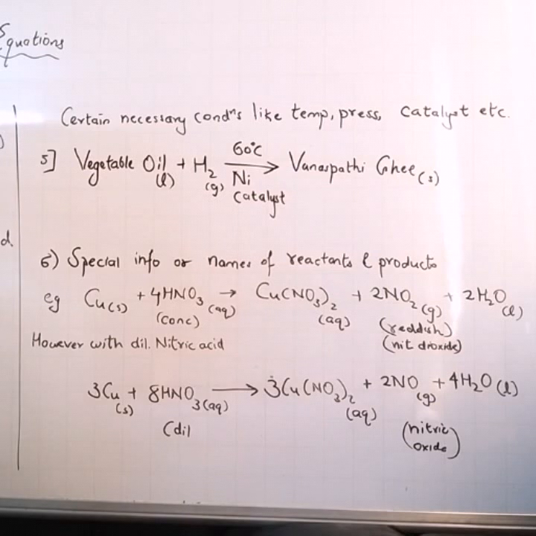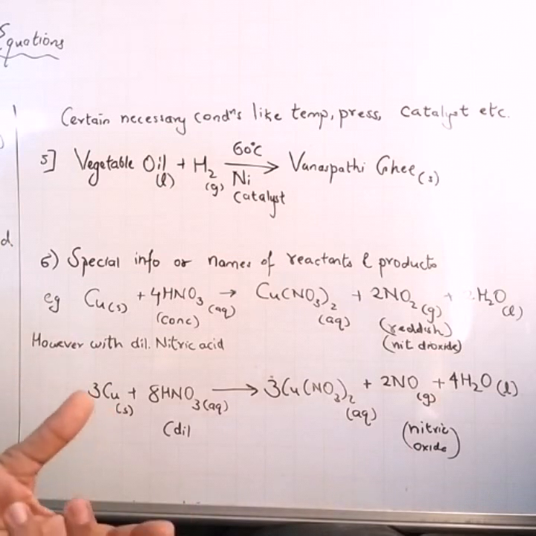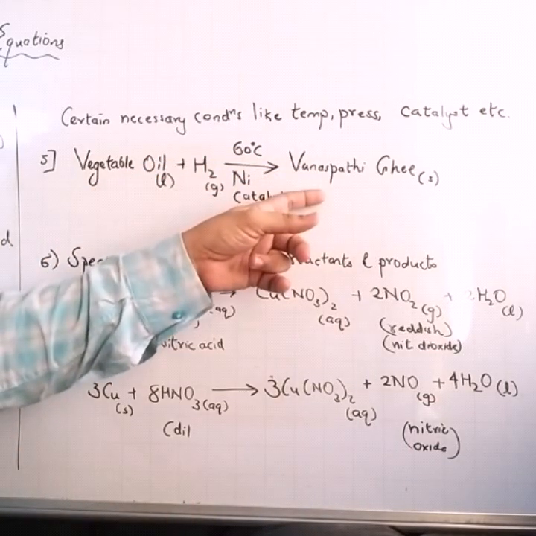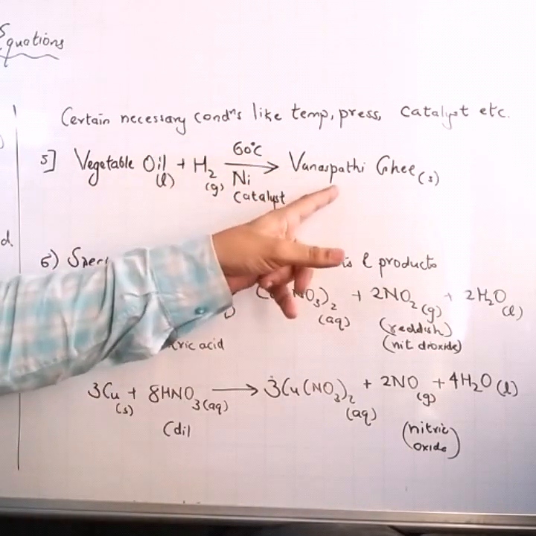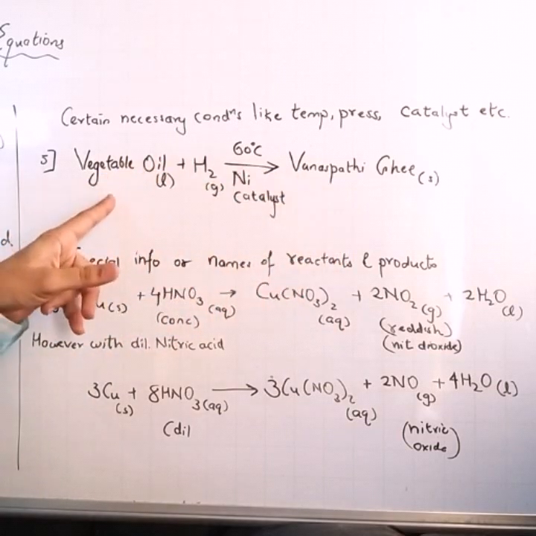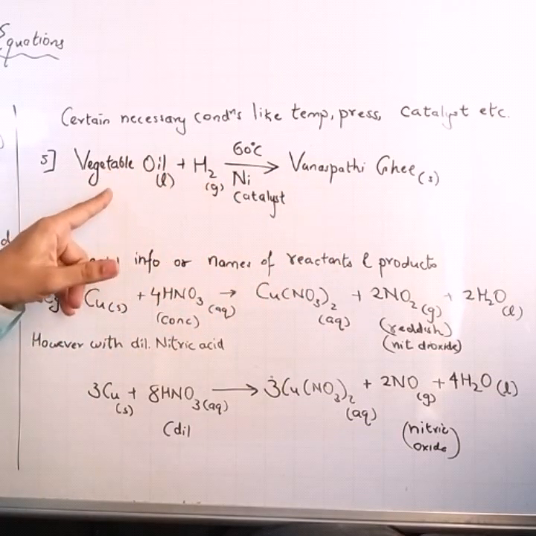Okay, your parents may be knowing it, you may not have heard about it, but in the market a cheap substitute of cow ghee is available, and it is called vanaspati ghee or dalda, and it is prepared by reaction of hydrogen on vegetable oil.